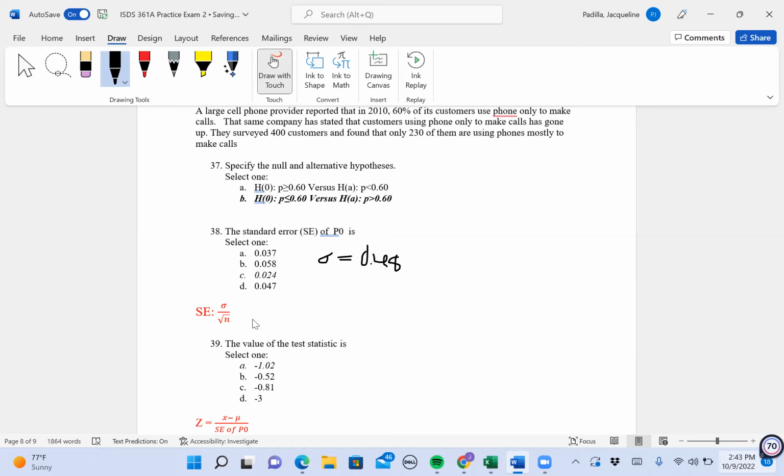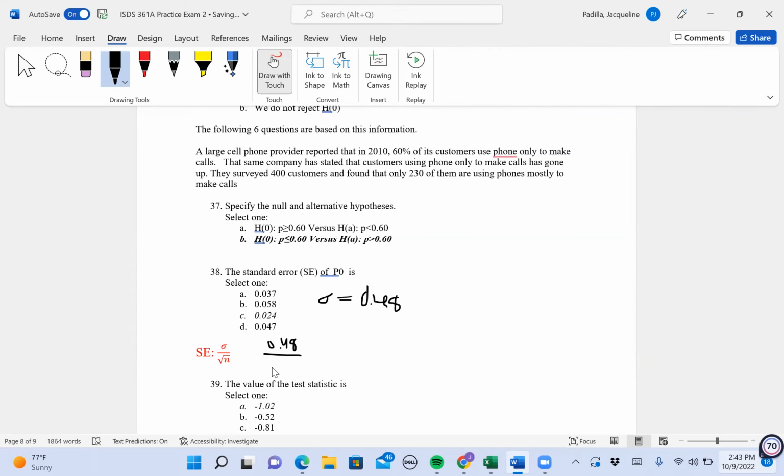And then we're going to just divide 0.48 over the sample population, which is 400 customers. So just going to do the square root of that. And then this is going to equal out to be letter C, 0.024. So the answer here is letter C.